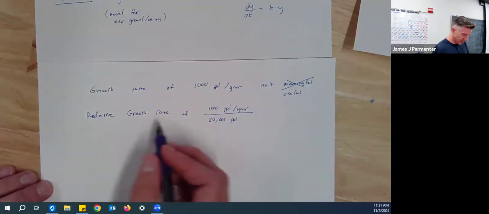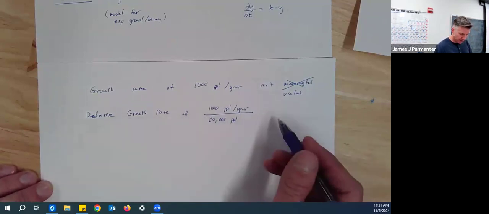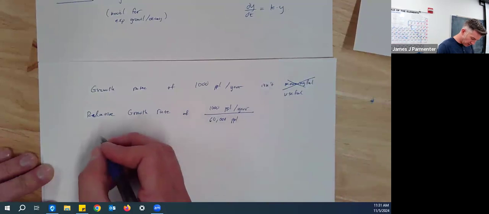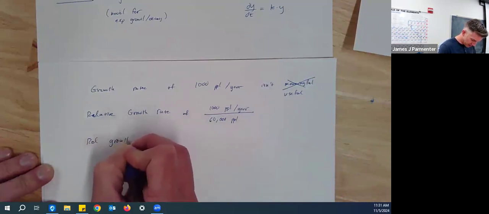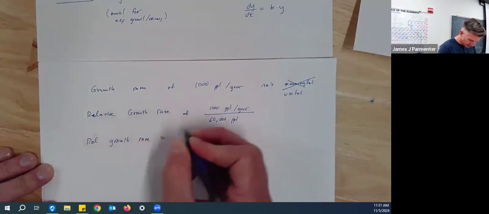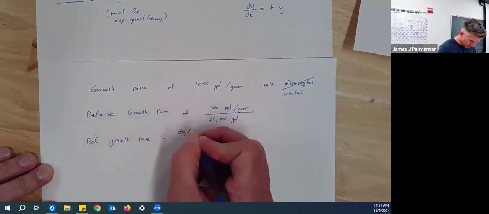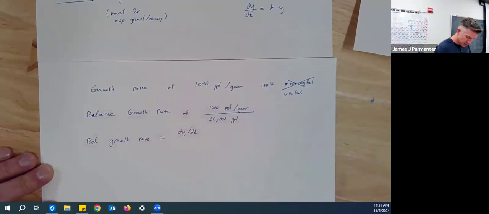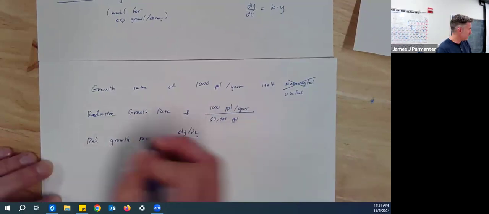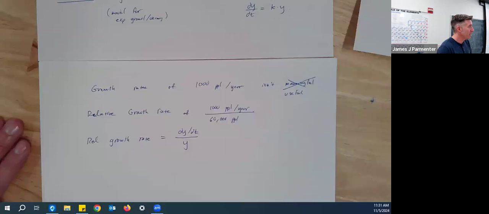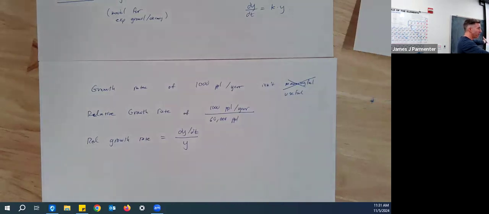So just to say even more about this, the relative growth rate is exactly, check this out, the rate of growth, aka the rate of change, divided by the population size. And here's the sum up: for exponential growth, the relative growth rate is always constant.